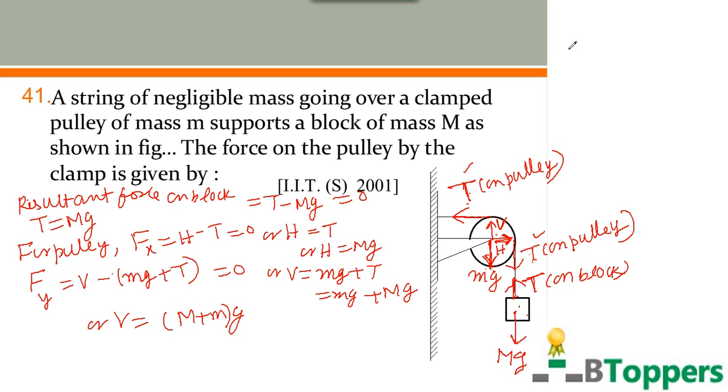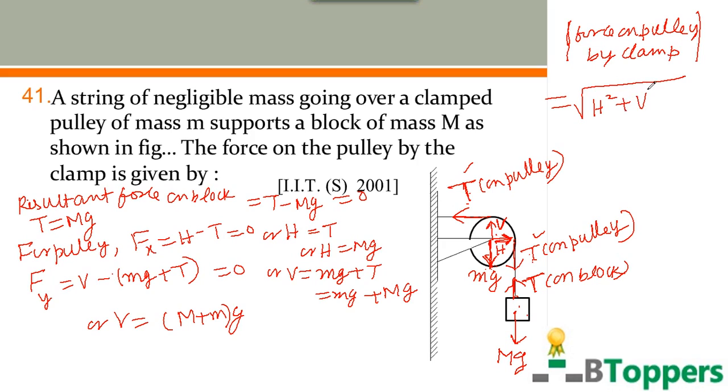So the magnitude of the actual force exerted on the pulley by the clamp can be written as root of H square plus V square.